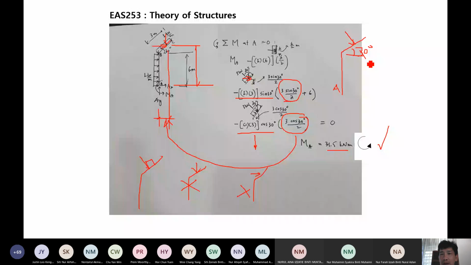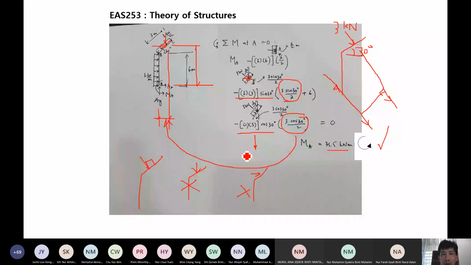You draw one line here, passing through this force, and then you draw another line parallel to this, passing through point A. So these two lines are parallel, and the perpendicular distance is given by this distance. If you can find this distance, then you multiply with this 3 kilonewton, that also gives you the moment, and it will be the same as the total moment that we calculated here.